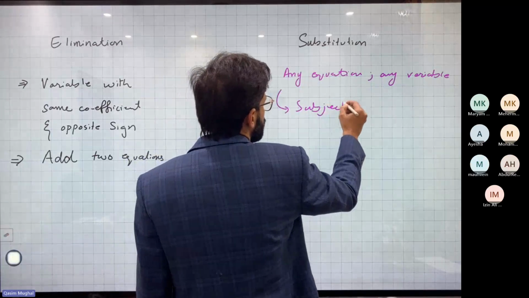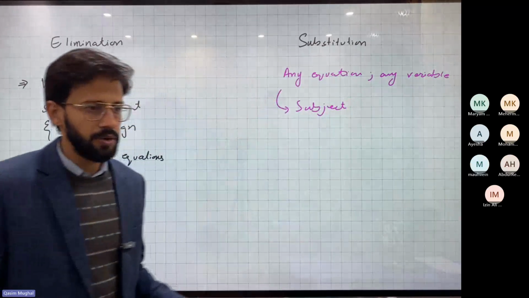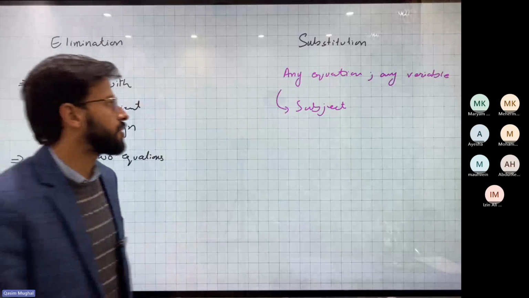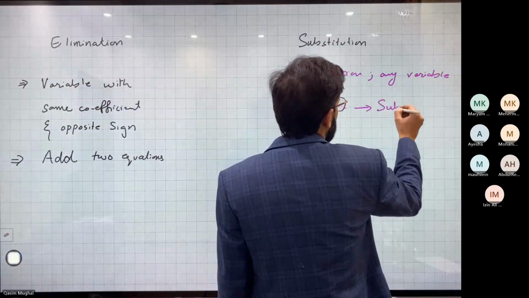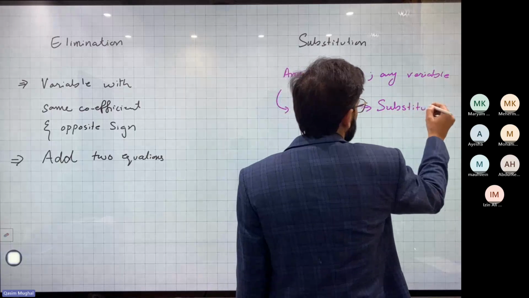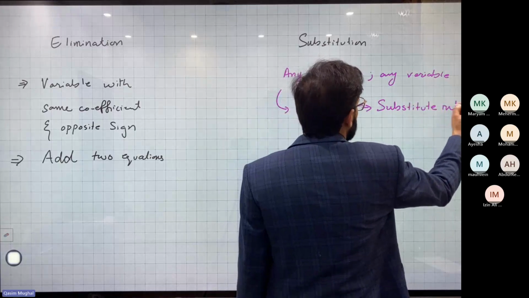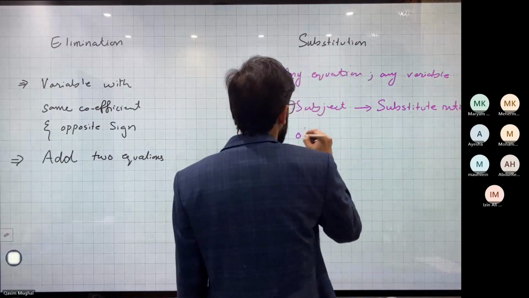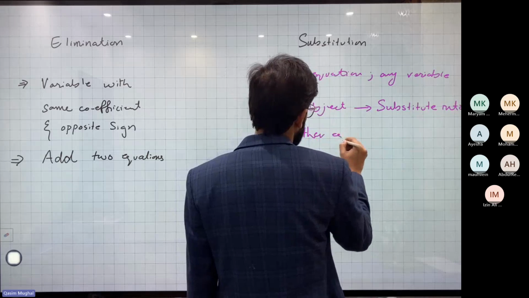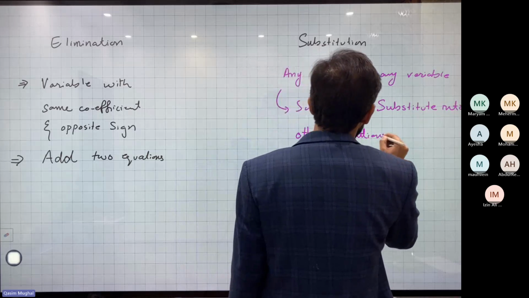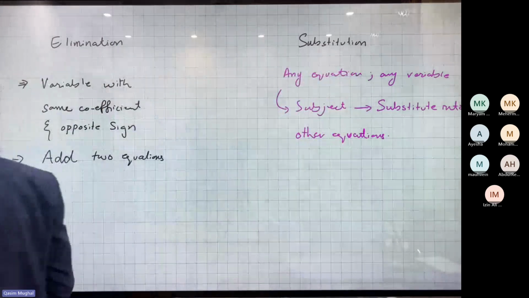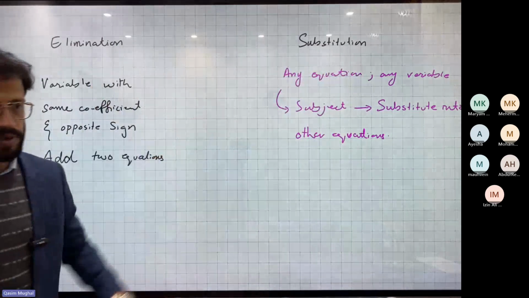Whatever variable you chose from a particular equation, make that variable the subject of that equation. ठीक हो गया? Then substitute into the other equation. So these notes will make more sense after solving a few problems by following these.